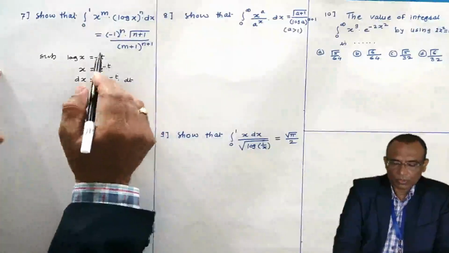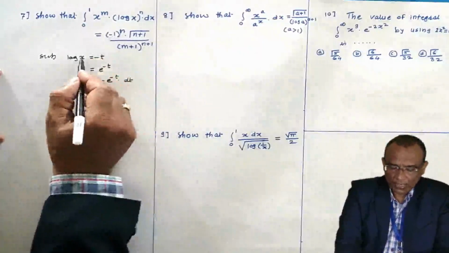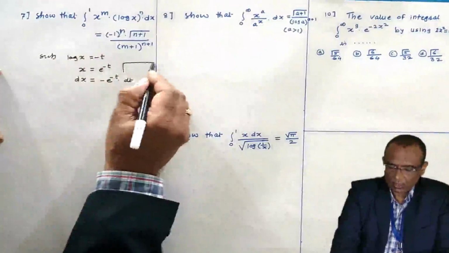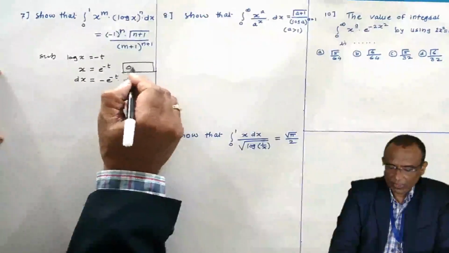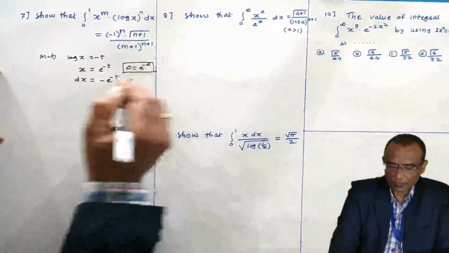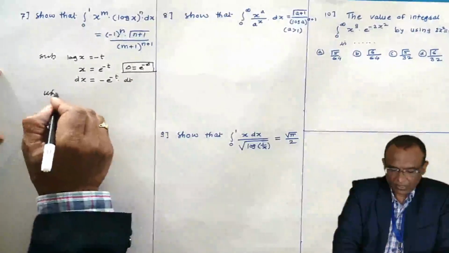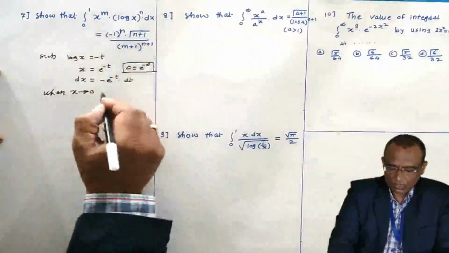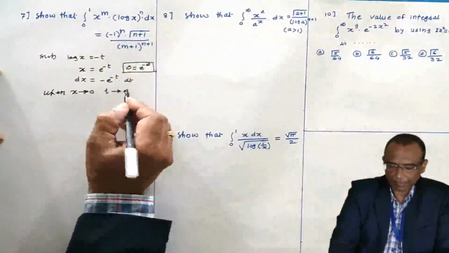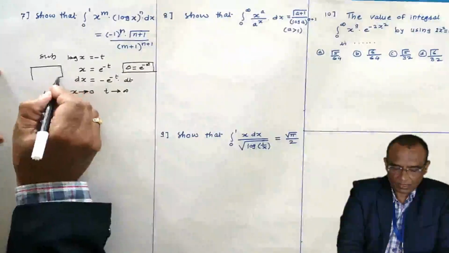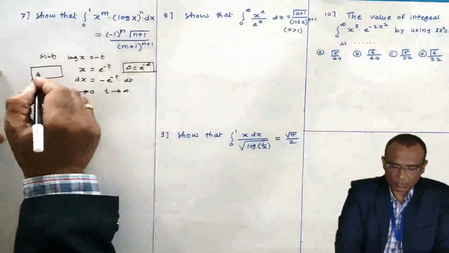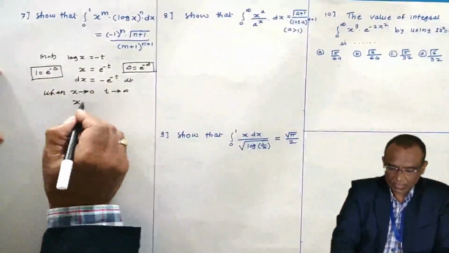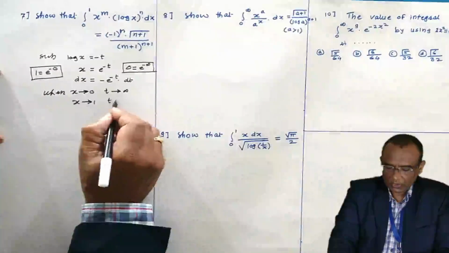Then once you get the value of x, take the derivative of the right hand side with respect to t. Now, limits are going to change. See, once again I am going to write: when x tends to 0, t tends to infinity. And when x tends to 1, t tends to 0.